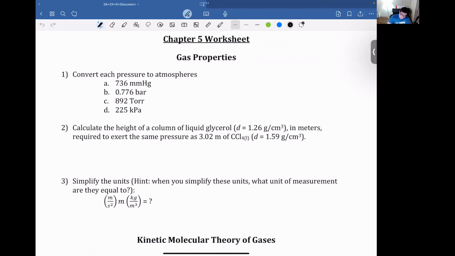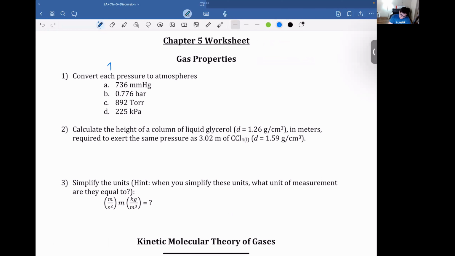So general conversions that you're going to want: 1 torr is about equal to 1 mmHg. And then you also want to know that 760 mmHg is equal to 1 atm. Also 101.3 kilopascals is equal to 1 atm, and 1.013 bar is equal to 1 atm.